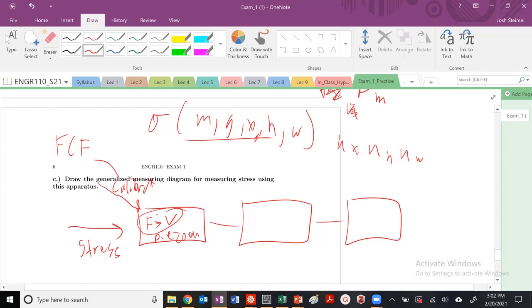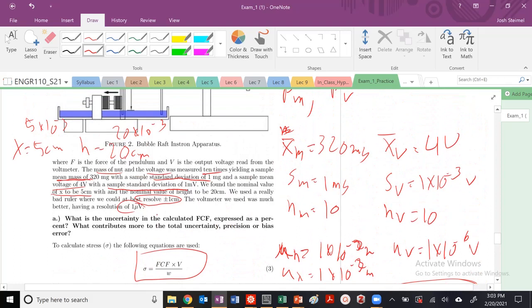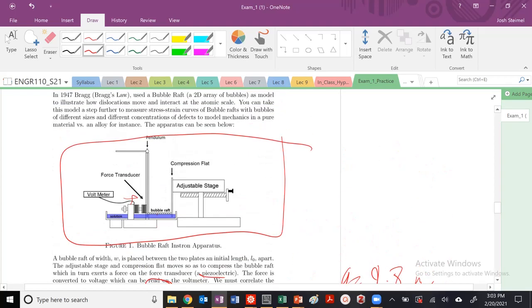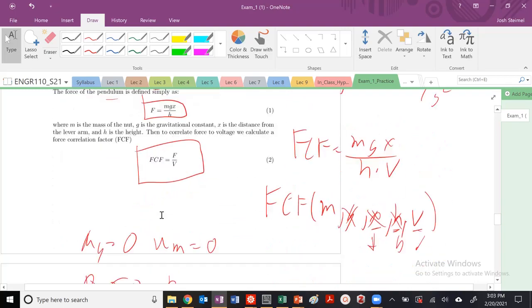So force to voltage. What's our next stage? Let's read through the problem. Is there any filtering or amplification? Let's read back through this problem statement. We do have a calibration step, but I don't see any filtering. I don't see any amplification in this apparatus, even though there actually is some.